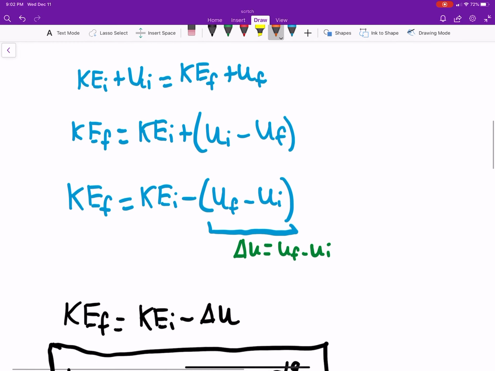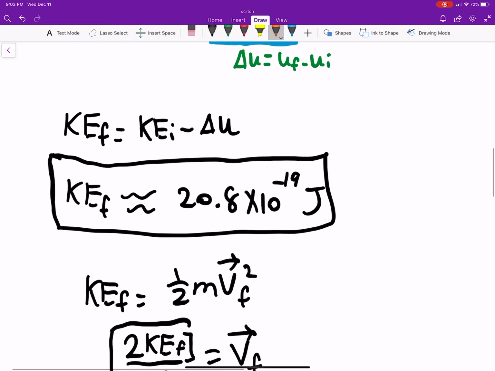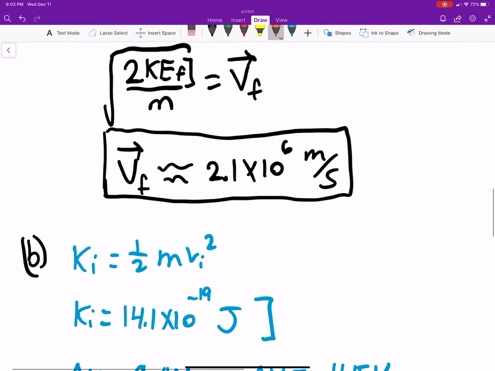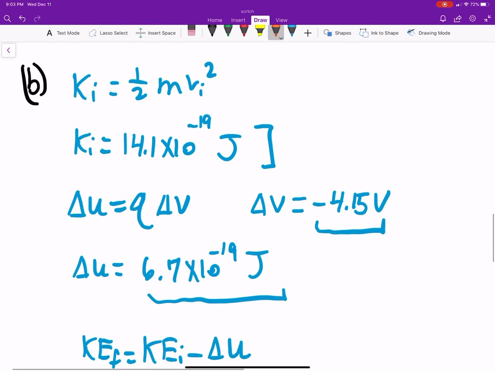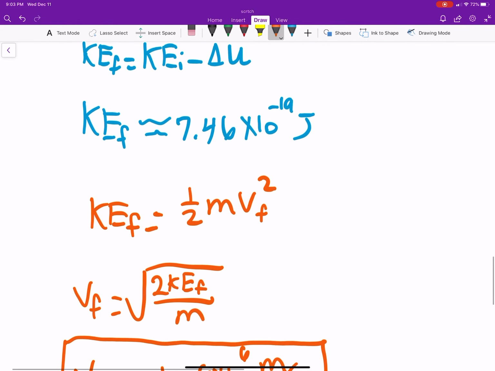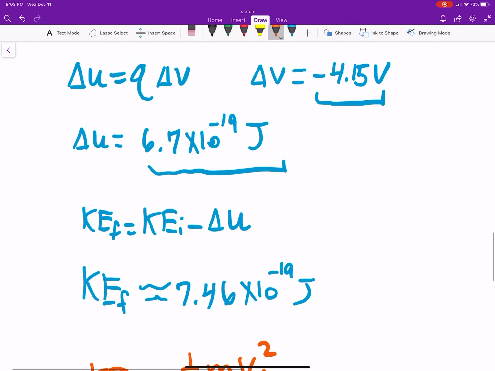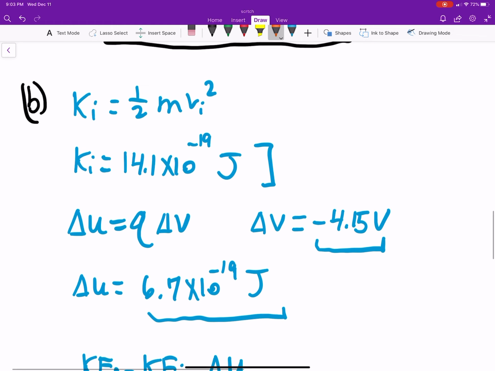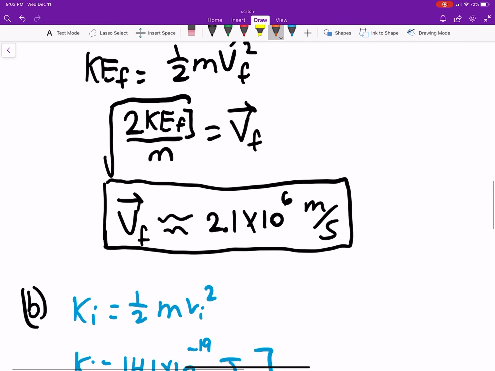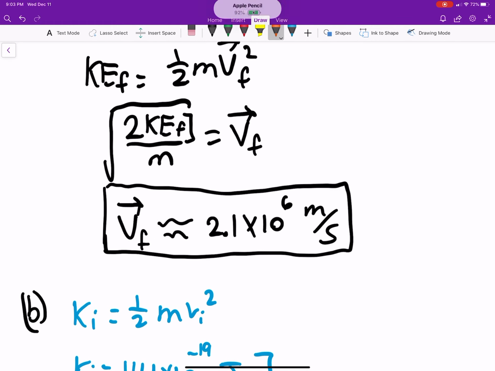So hopefully that made sense. If you haven't taken your second semester of physics, this might have been really confusing. Hopefully most of the actual equations make sense. Maybe like the delta V confused you, but hopefully not too bad. So yeah, hopefully.